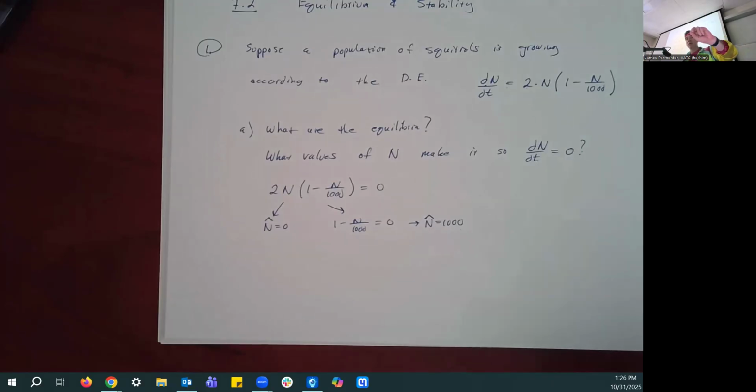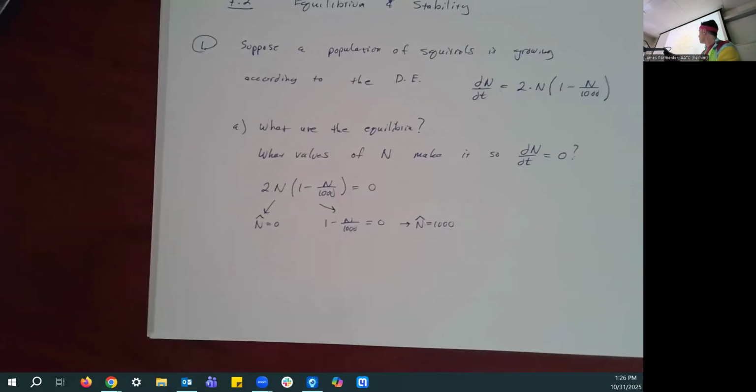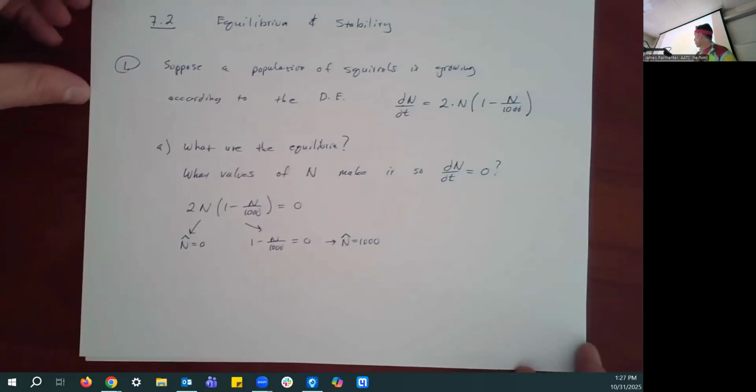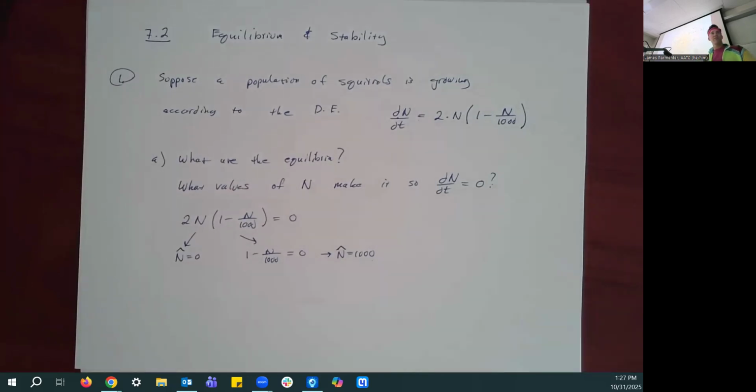Stability means if you're close to them, you'll get directed back towards them. An unstable equilibrium means if you move away from it just a little bit, you get pushed further away from it. That's the way I always think about it: with stable, you always go back towards it, whereas with unstable, you move away from it if you're not right there.